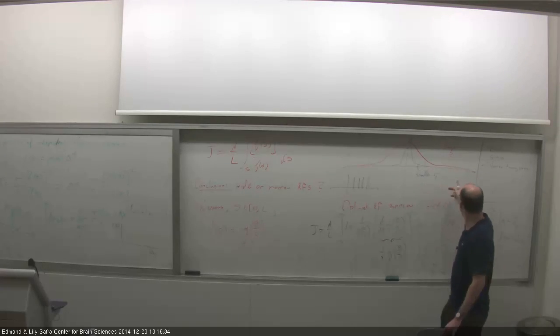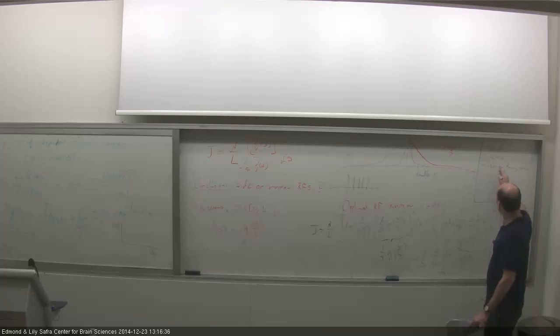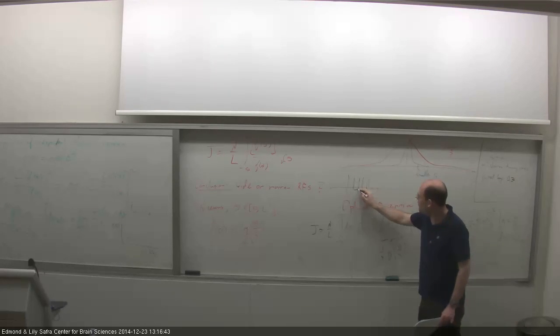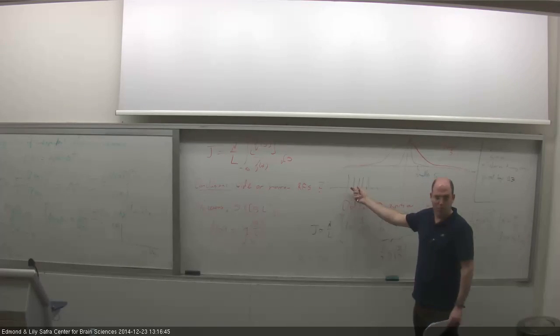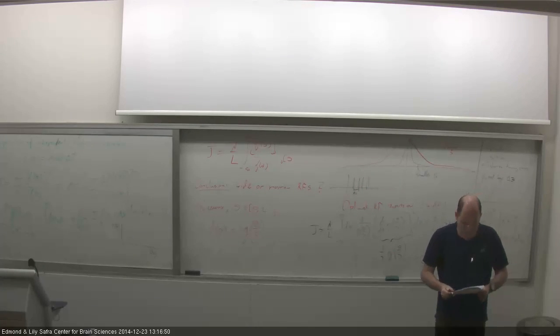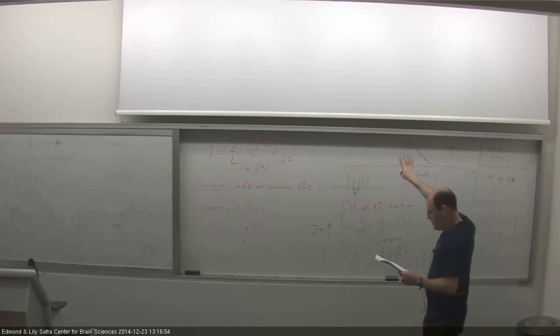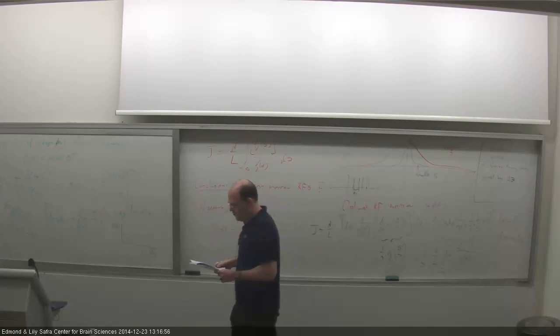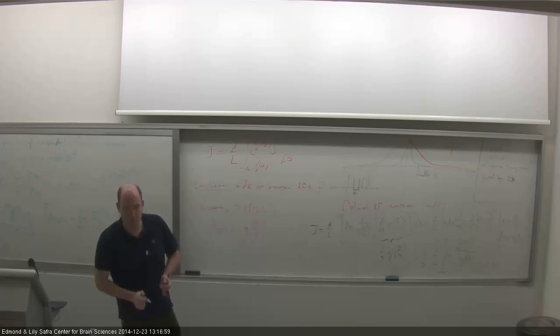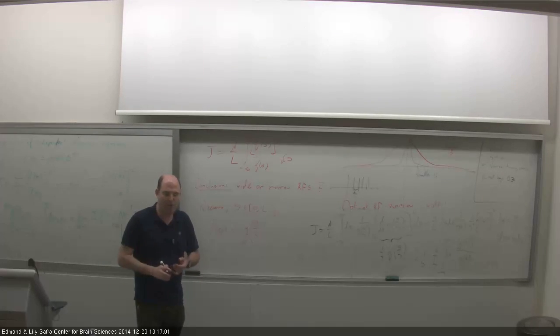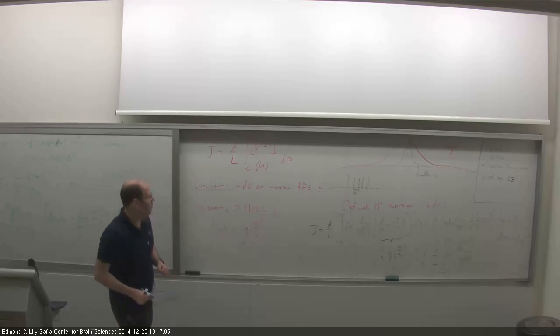So in fact, narrow tuning curves, but it won't go to 0. It will be limited by delta theta. There's no point in making the width of the tuning curve smaller than delta theta. But in any case, we concluded that in this case, it's good to have narrow tuning curves. So in the representation of a one-dimensional variable using translationally invariant receptive fields, we want to have narrow tuning curves.